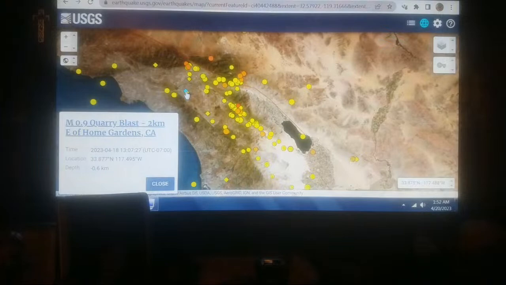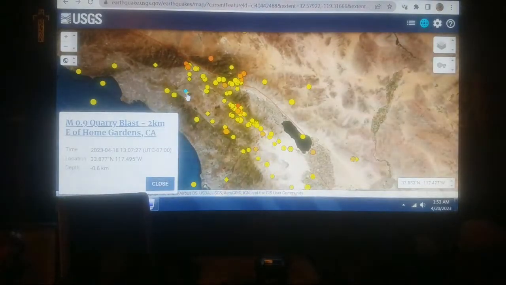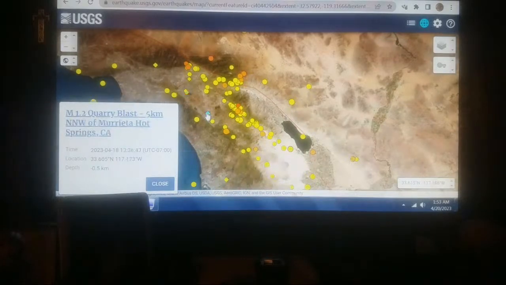And right next to it is another quarry blast, a 1.6 quarry blast. They're blowing themselves up down in LA. There's a 1.2 quarry blast. What's this quarry blast? Oh, snap. I was just having fun.